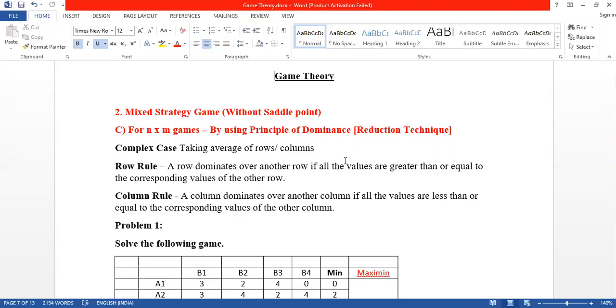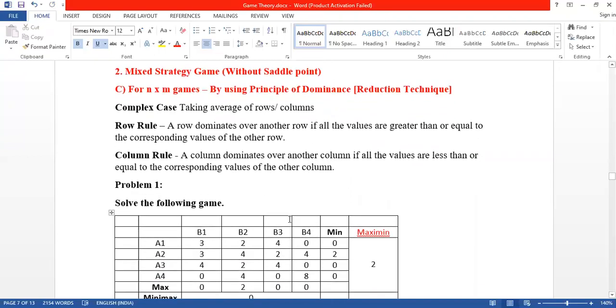But when this kind of situation does not exist, that means when no row or column is dominating over another row or column, such cases are considered as complex cases. So let us try to see this. I'm not getting into the row rule and column rule because we are aware of it.